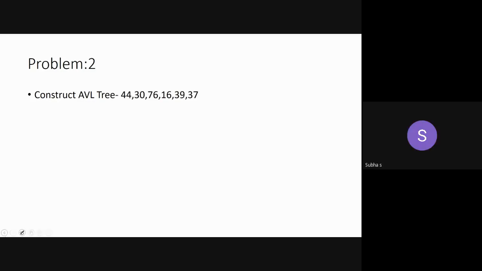Rohit Krishnan, can you tell the answer? I want to know which is your alpha node. Anybody else can also unmute and tell the answer if you finish.